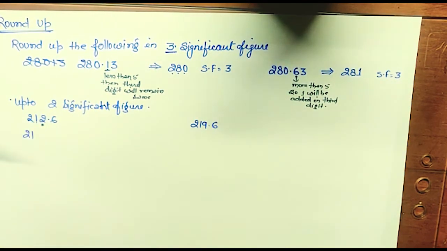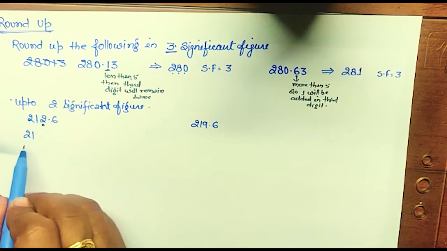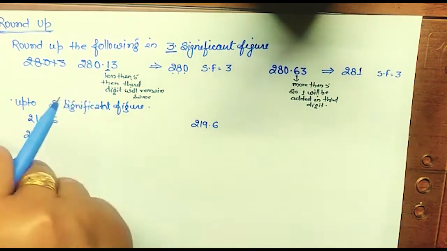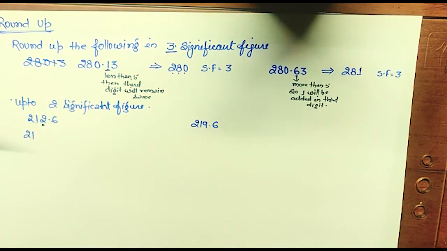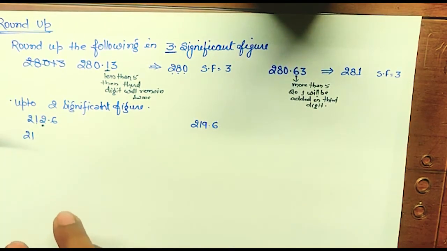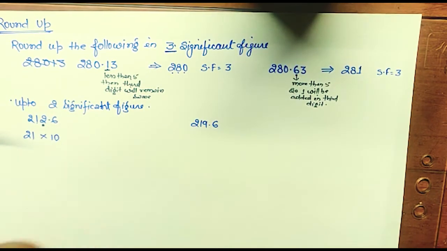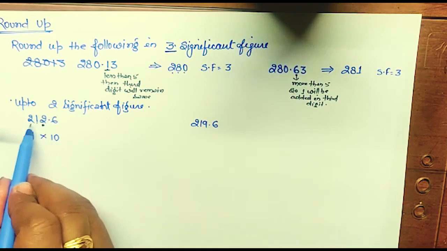21 only. Now the concept is, if you are writing 212 and you are writing only 21, are they the same? No, they are not the same. So what you will do in this case is make the significant figures 2 only. In that case you will write 10 to the power... how many digits do we have to shift?